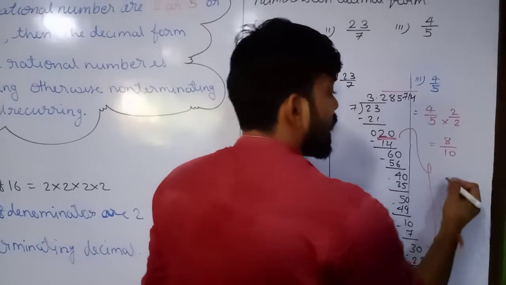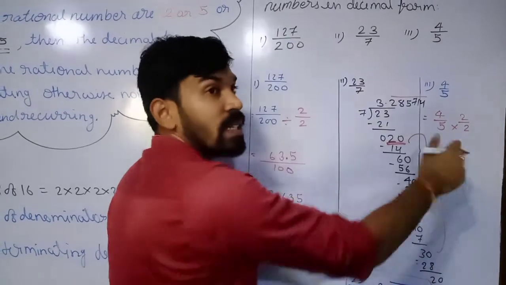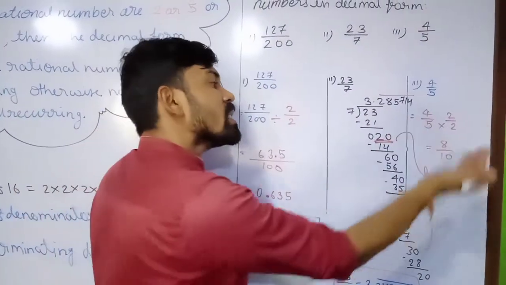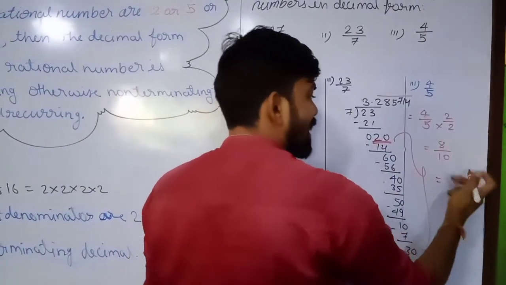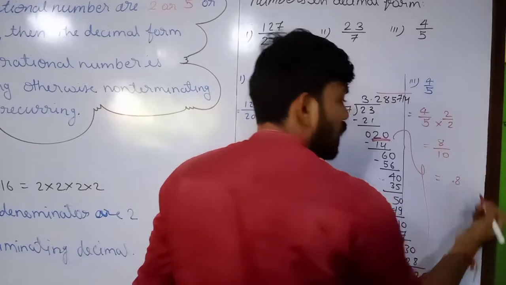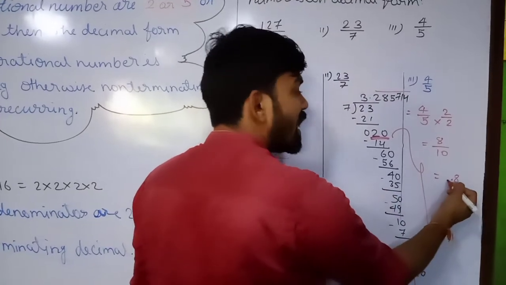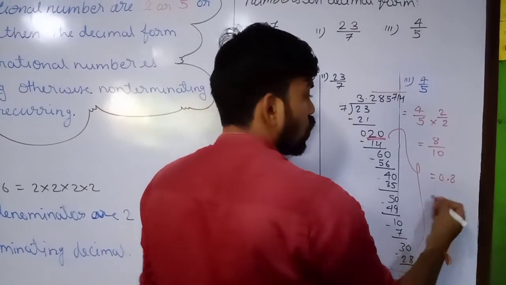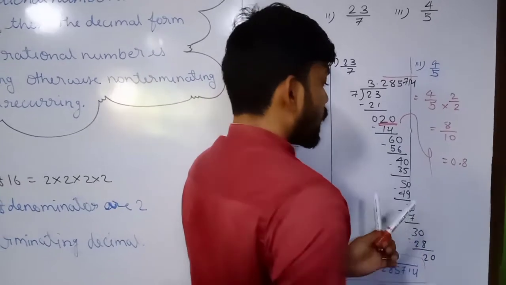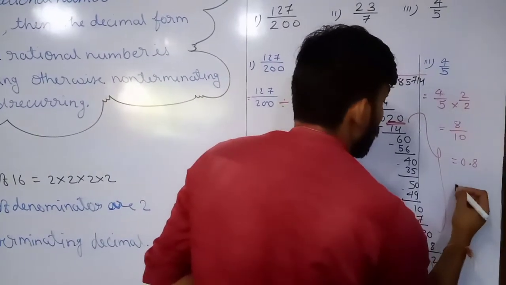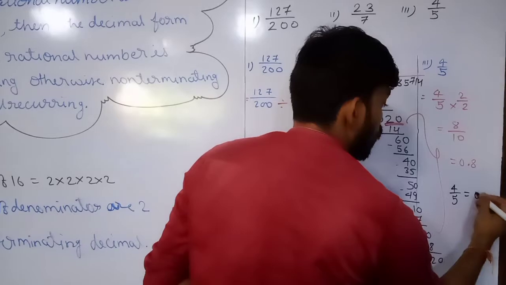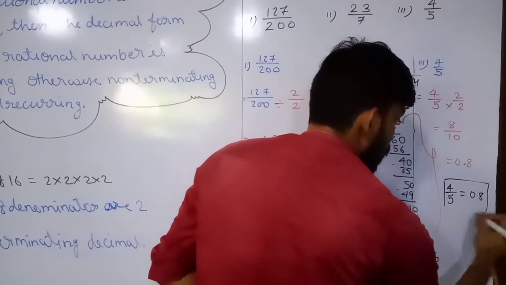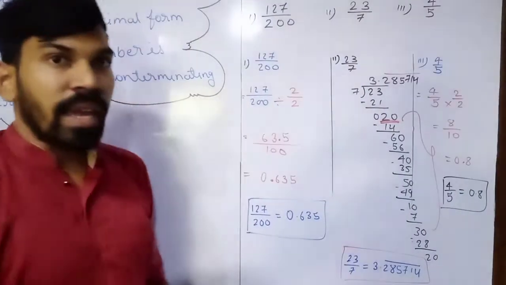As I said, if the denominator is 10, the decimal comes 1 digit to the left. So it will become 8 and the decimal comes over here. We don't have any number before the decimal, so 0. We got 0.8. Now write out the answer: 4 upon 5 is equal to 0.8. This way we can write our answer.